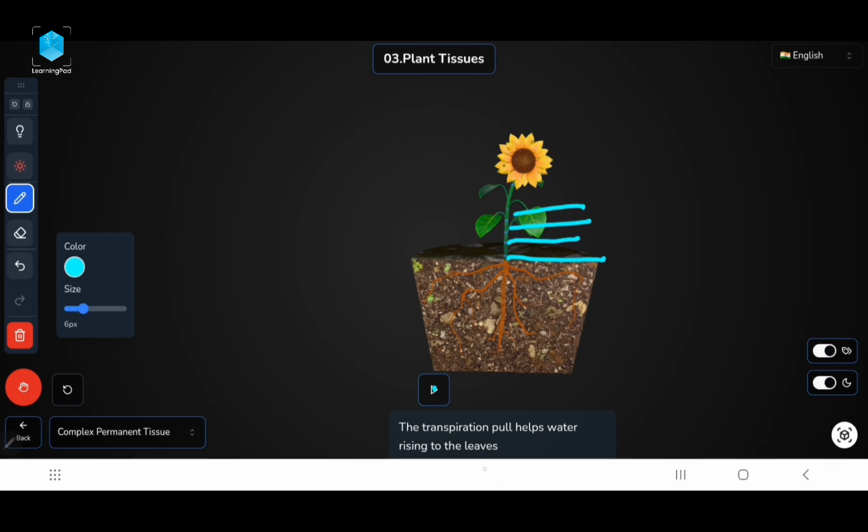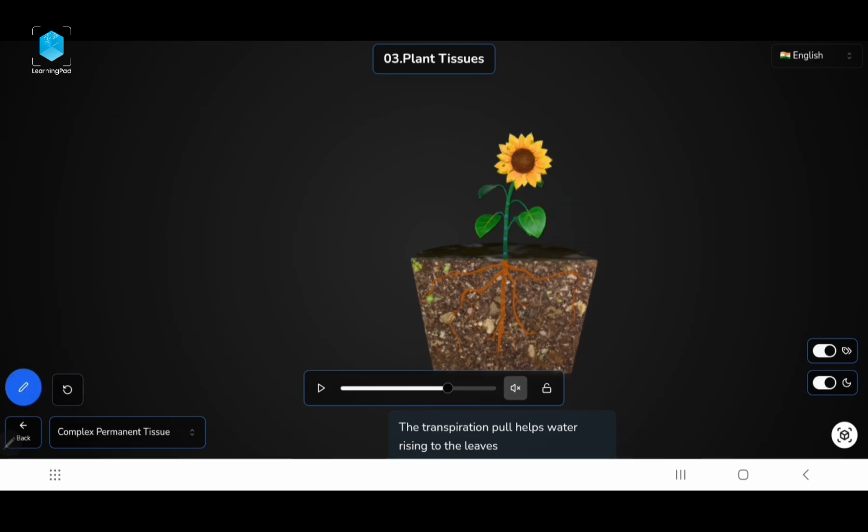This is through a pull, called transpiration pull, which makes water rise from the roots. The water rises and goes to the leaves. This transport of water is called transpiration, and it is possible through this tissue.